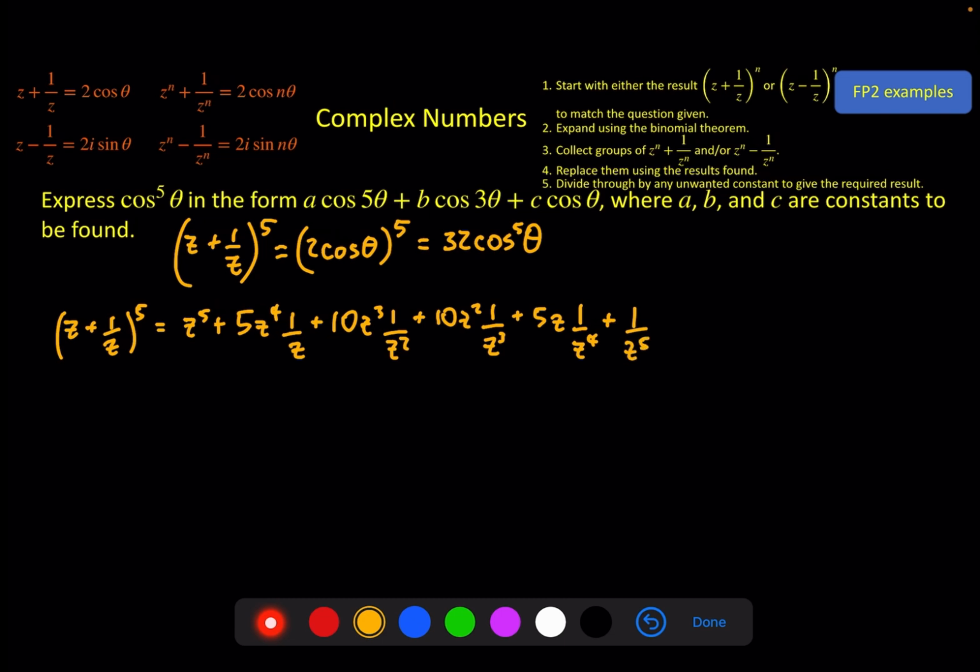And I hope you can see that every time you do this, because you've got z's and 1 over z's, they will interact to give you pairs because of the symmetry of the binomial theorem. So here we've got z to the 5 plus 1 over z to the 5. Group them together.